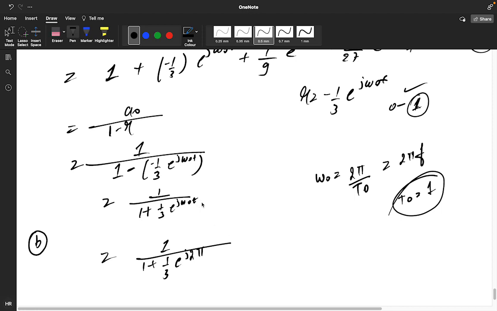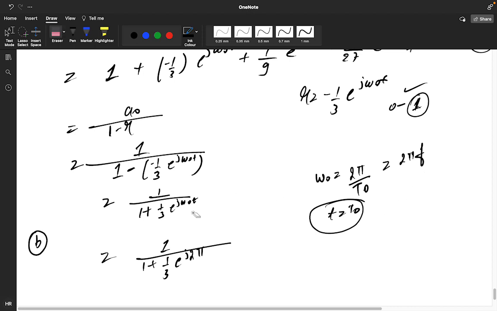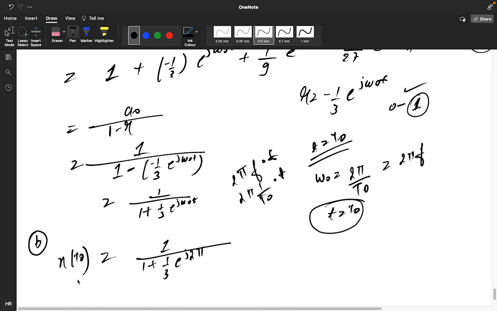At t equal to T naught, what will be the value of x of T naught, they had asked.